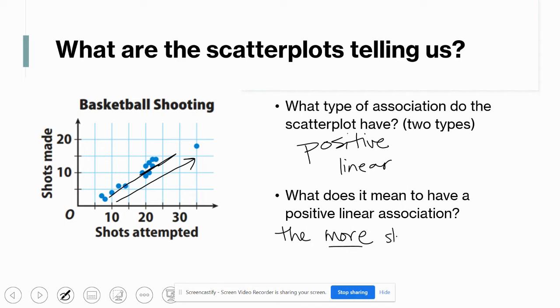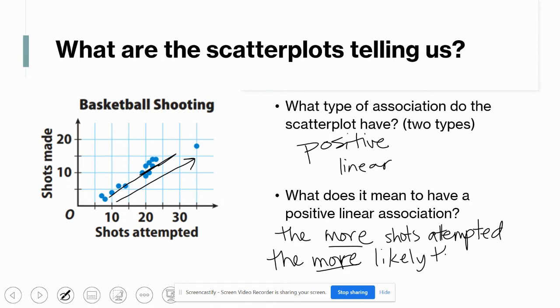The more shots attempted, the more likely they are to be made.